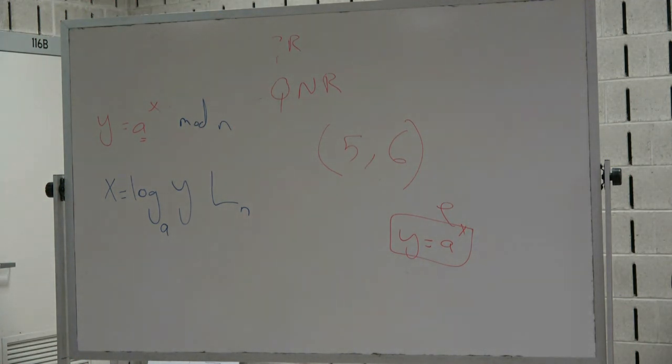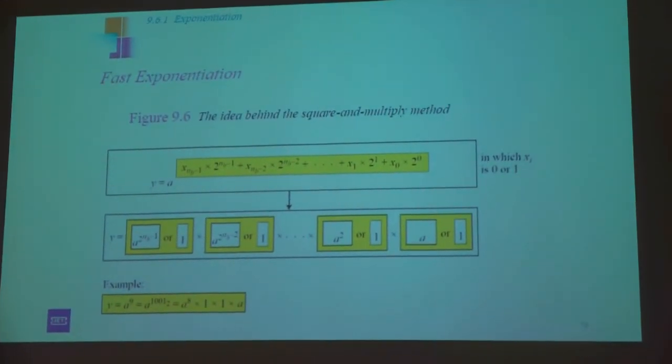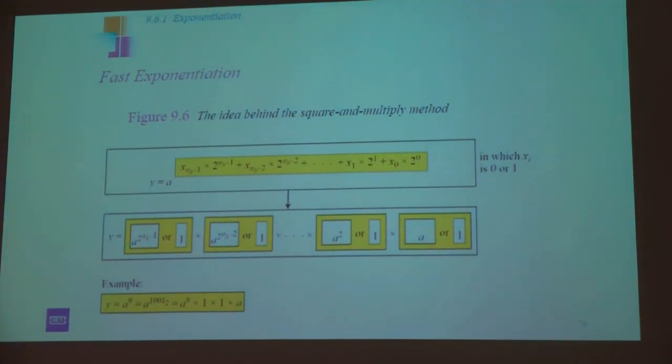Where is this used? In RSA. We're going to talk about it next week. That's how we generate the keys in RSA. So we use very large exponents. Unfortunately, most computer languages have no operator that can efficiently compute exponentiation, particularly when the exponent is very large.